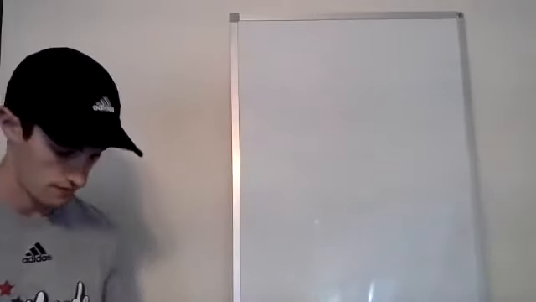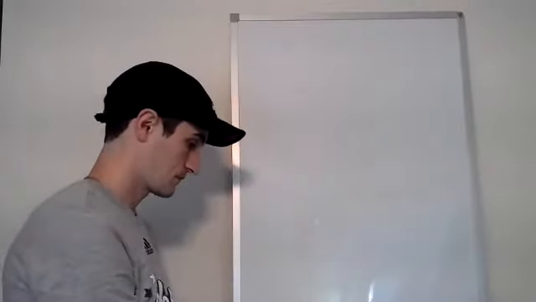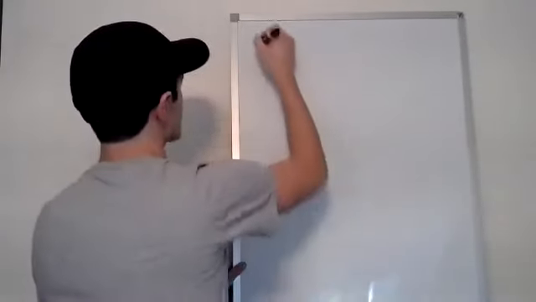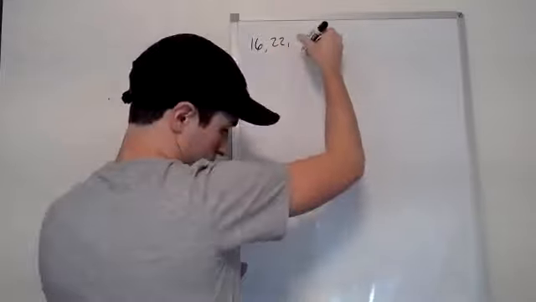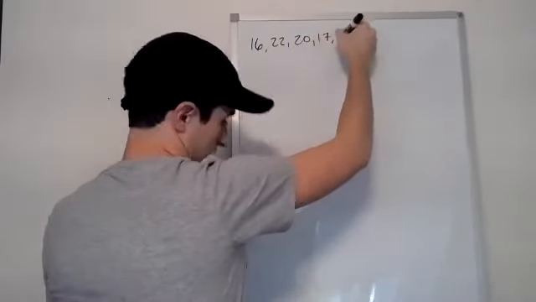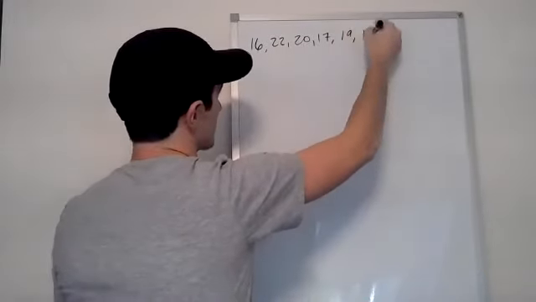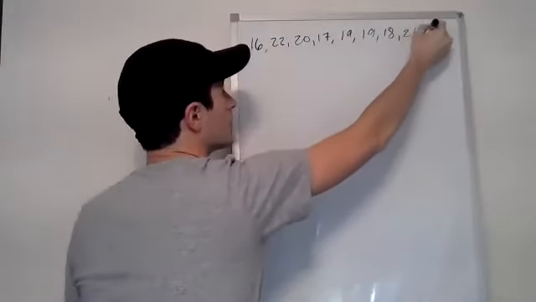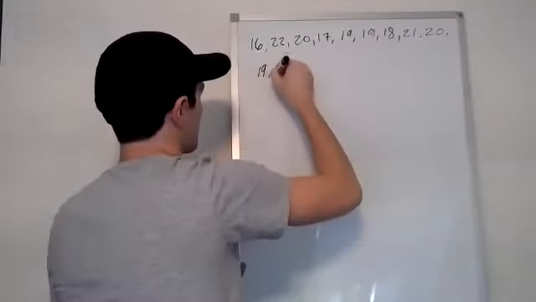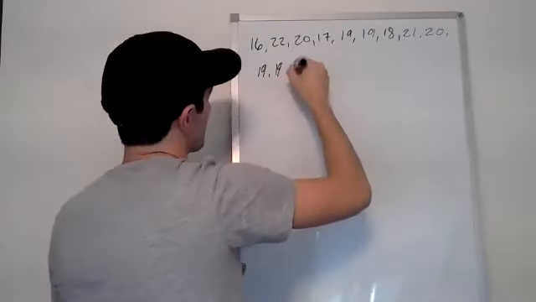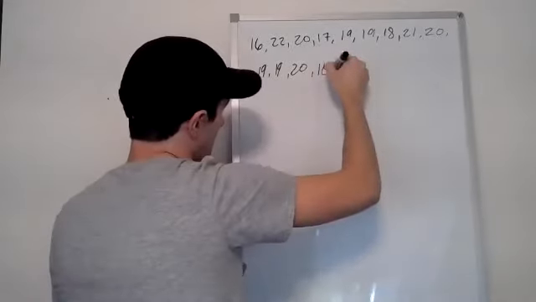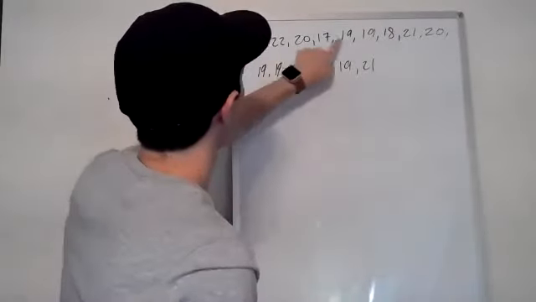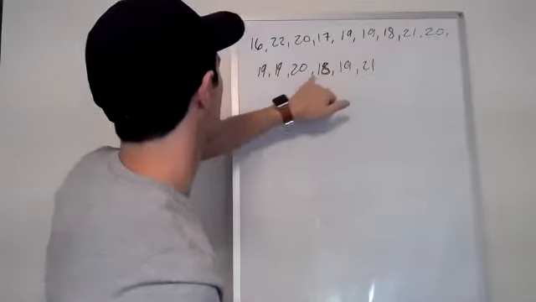So the first example is using the data set above, and that data set is 16, 22, 20, 17, 19, 19, 18, 21... I think that's right. 1, 2, 3, 4, 5, 6, 7, 8, 9, 10, 11, 12, 13, 14, 15.